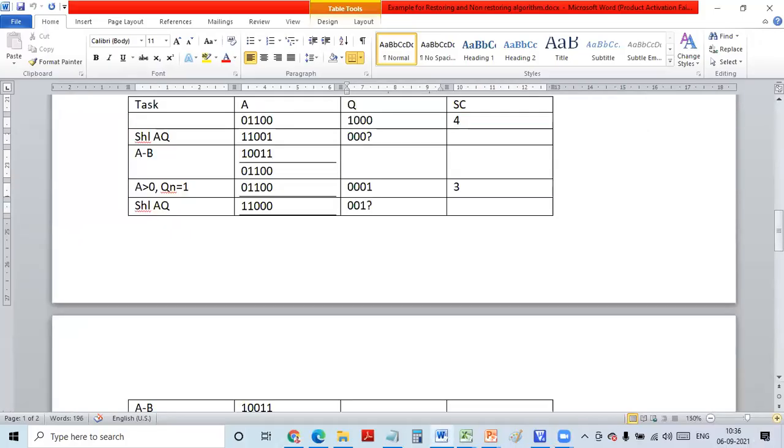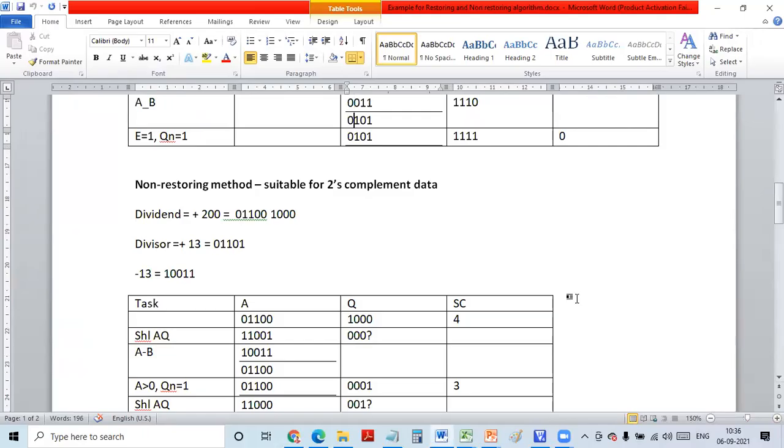So the non-restoring method. Your dividend is plus 200, which is this value, 11001000. Since it is plus, I have added the most significant bit as 0, indicating a plus result. Similarly, the divisor 13 is plus 13 as 01101.